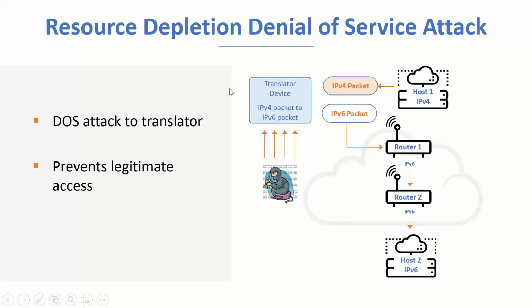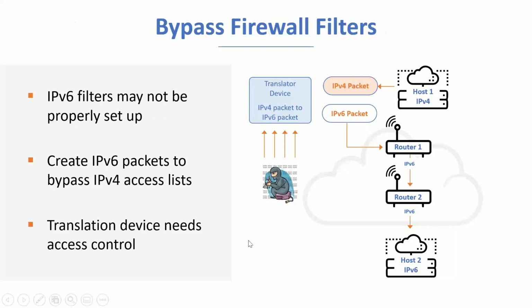So if I can't run you out of the dynamic address pool, well then I can do a resource depletion attack on you and start running you out, telling you I want to translate this, that, and the other stuff. So this is where Mike's firewall rules are going to come in real handy, unless of course you've not got them properly set up.